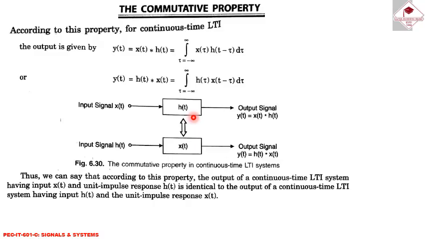Now this is the pictorial representation where input signal x(t) is applied to h(t), and finally we get the output signal y(t) = x(t) convolution h(t). The input signal x(t) is again applied to h(t) in the other order, and finally we get the response y(t) = h(t) convolution x(t).